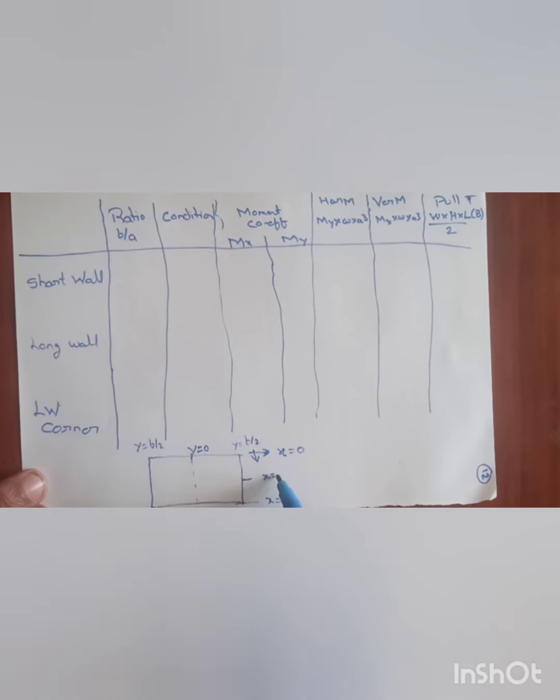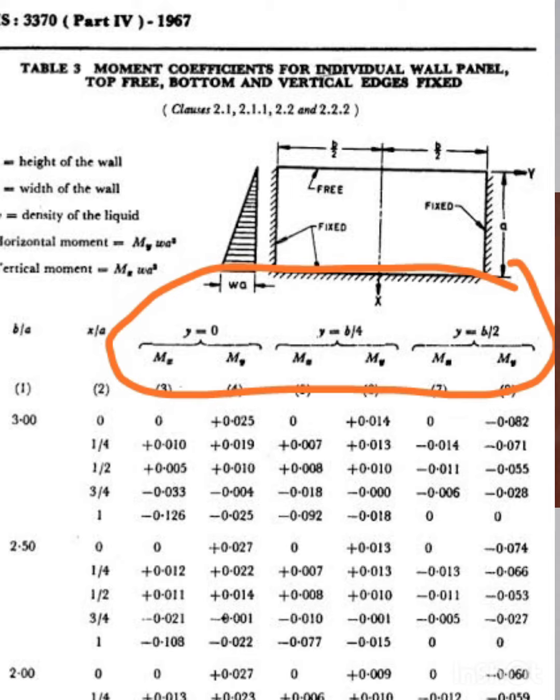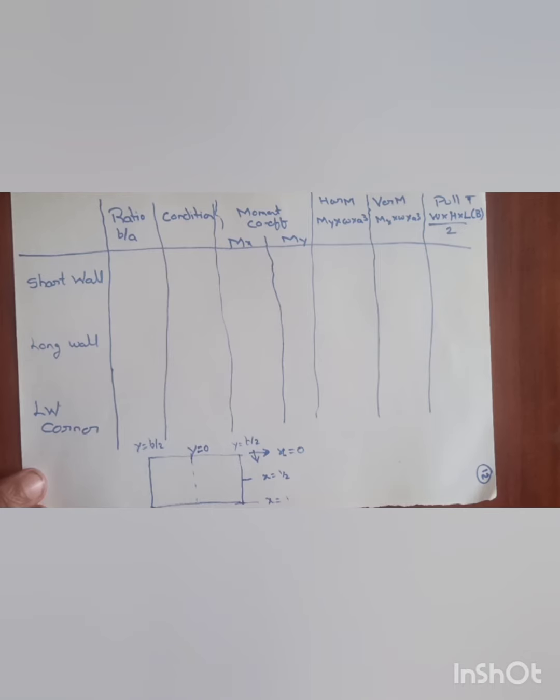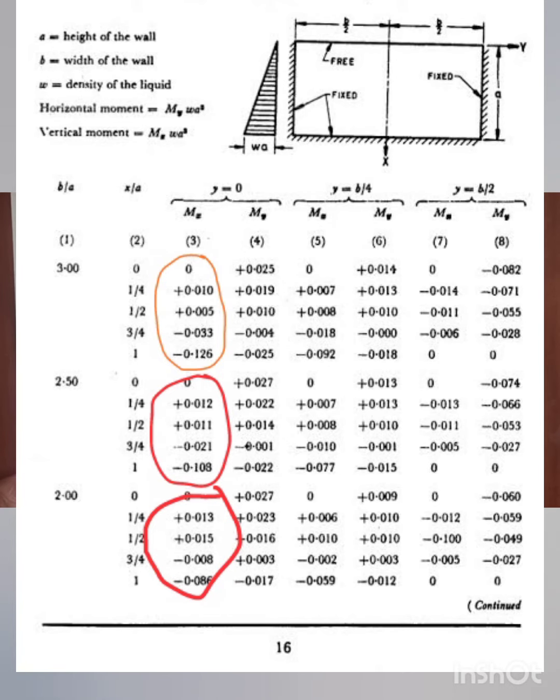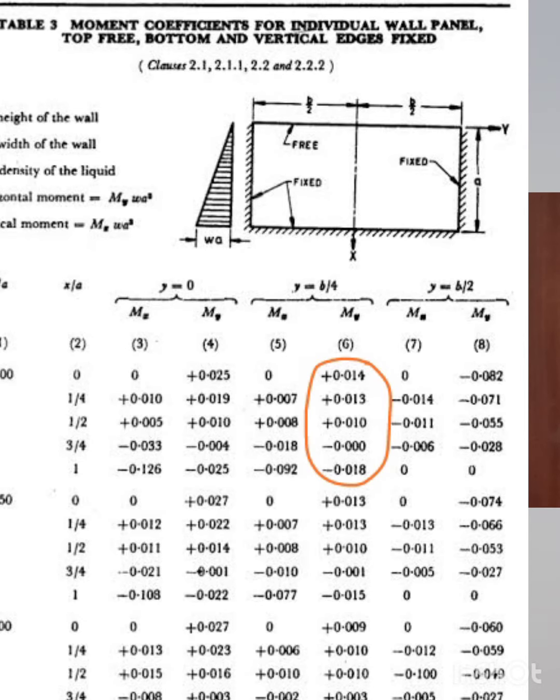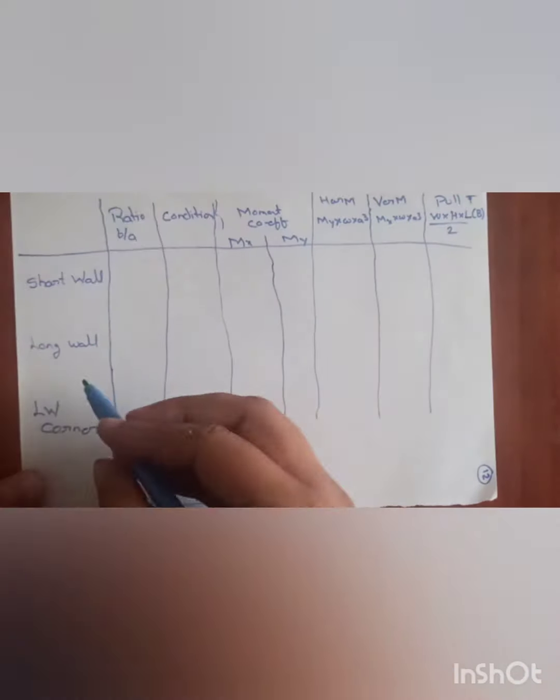At center x will be equal to half. So if you want to find the moment coefficients at different locations, you can use those conditions so that the design will be economical. Right now what we will do is select the maximum values. In this table, for mx we will select the maximum values from these, and for my we will select the maximum values from these, for short wall and for long wall.